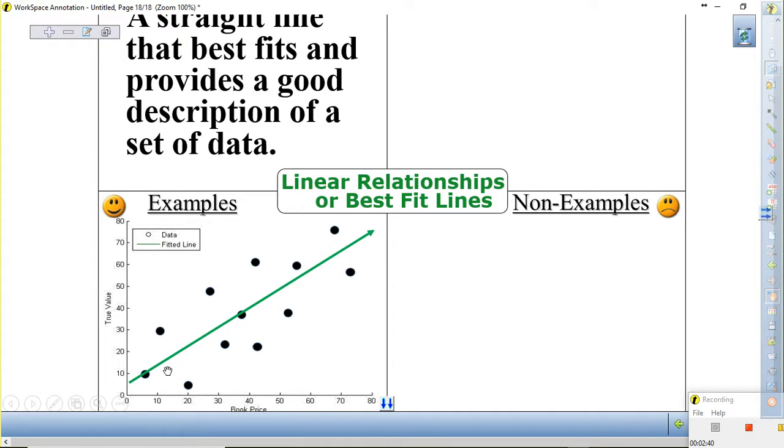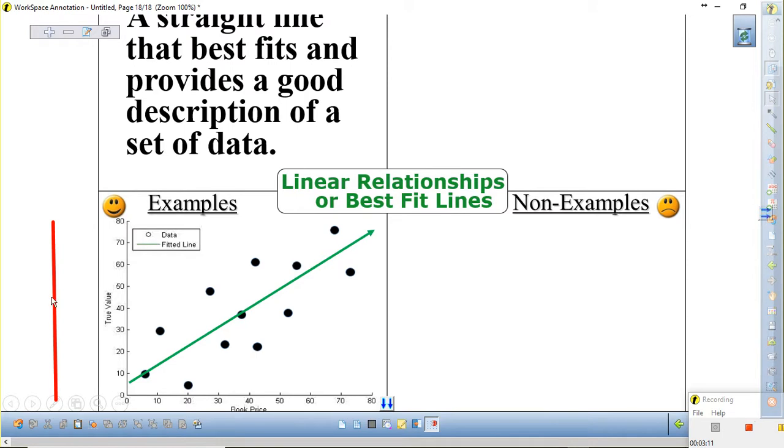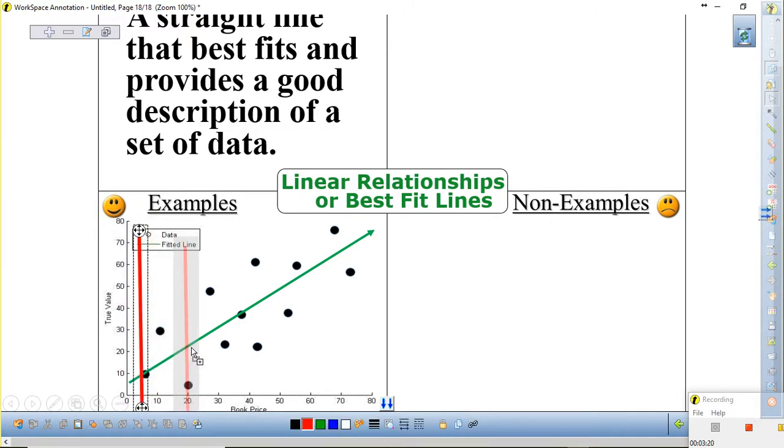So first of all, if I was to scan this from left to right, let me show you here with my little scanner. I'll start about right here because this is my first point. Then this one, this one, this one, this one, this one, and then that one.